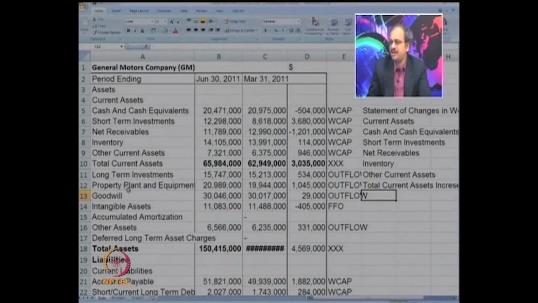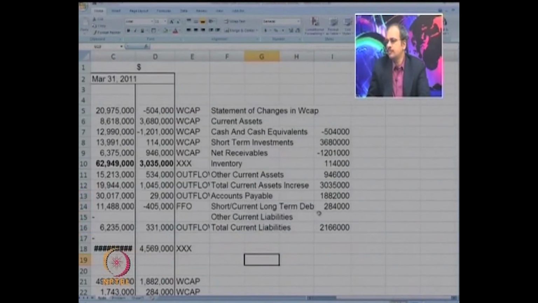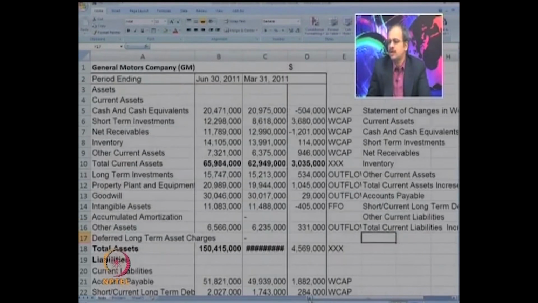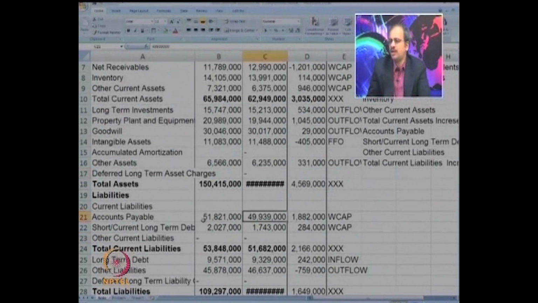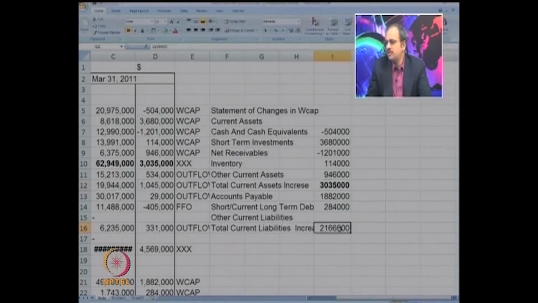Now take a look at current liabilities. So in case of current liabilities also there is an increase. So you can see here once again that both the current liabilities have actually gone up. So there is an increase of current assets to the tune of 3035 thousands, and there is an increase in the current liabilities as well.